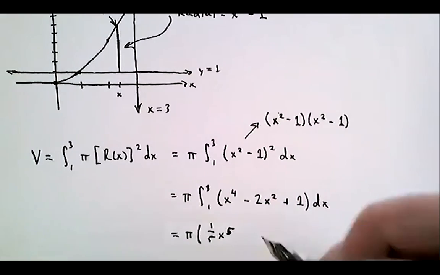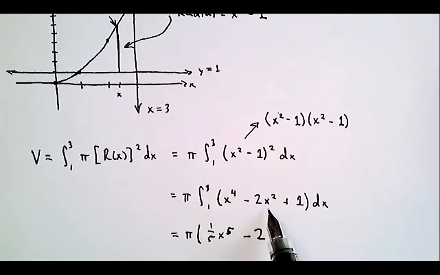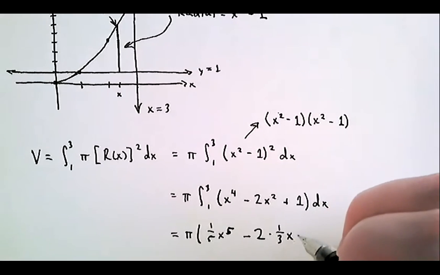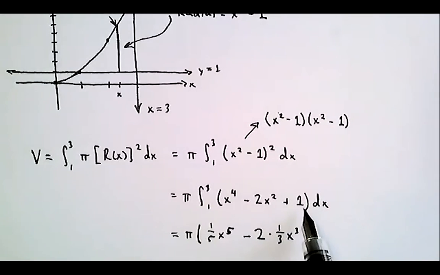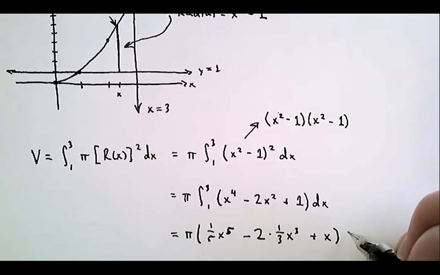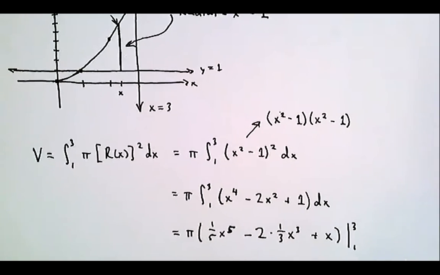And then the -2 comes along for the ride on the next term, and we get 1/3 x cubed, and then an antiderivative for 1 is just x. Don't forget your limits of integration.